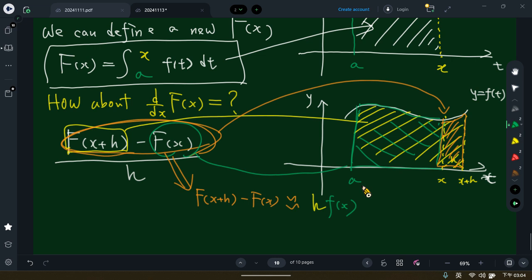If this h is very small, its area is approximately equal to h times the height f of x. Because when h is very small, the two are very close. This is not a rigorous proof, but you can roughly see it from here. When h is very small. So if so, we just use h times f of x to replace this one. Then you can see this h and this h can be cancelled together.